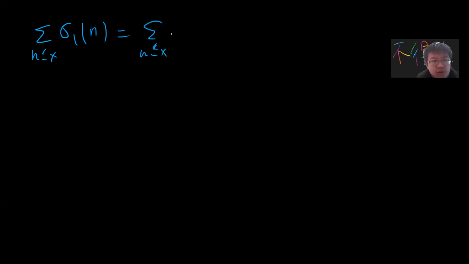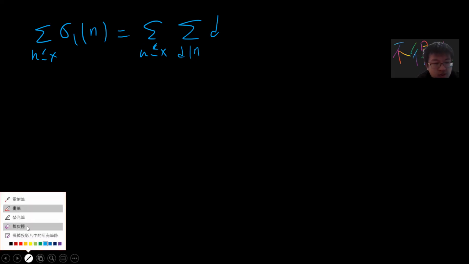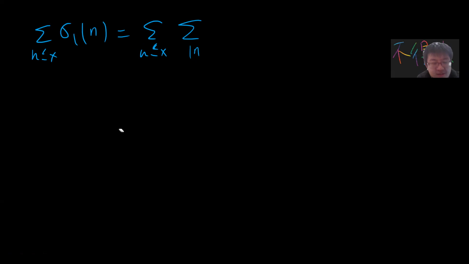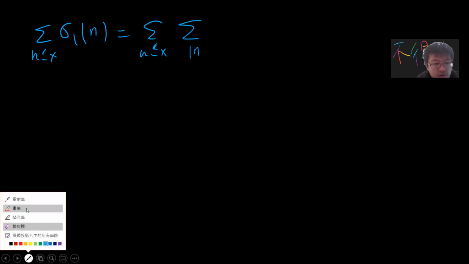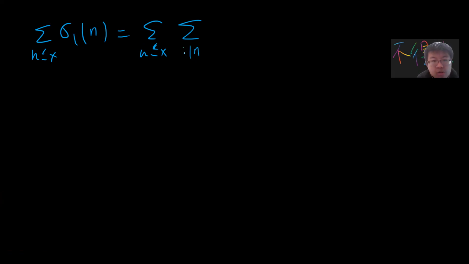So this guy is just basically the summation of d over n, d divides n, with d. Okay, so let's do this. Let's write maybe as q. Okay, so it's q.